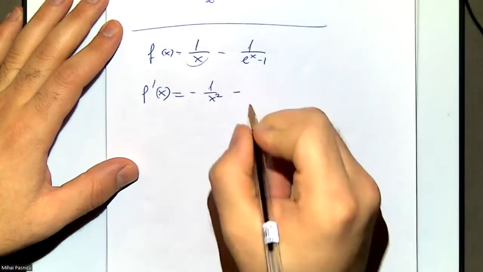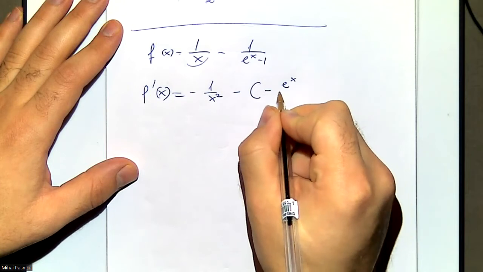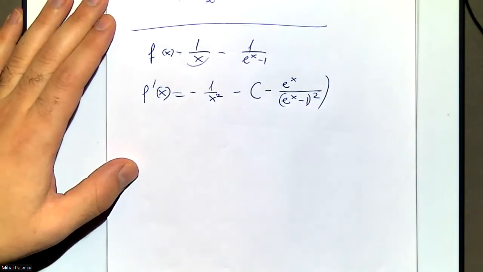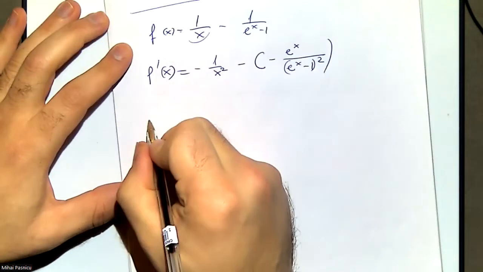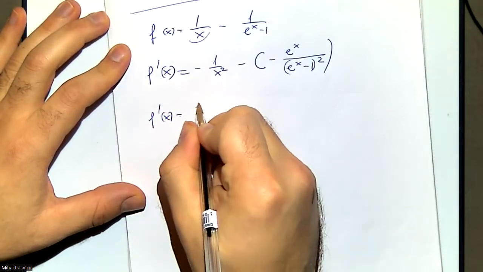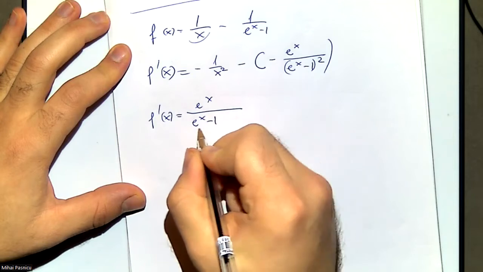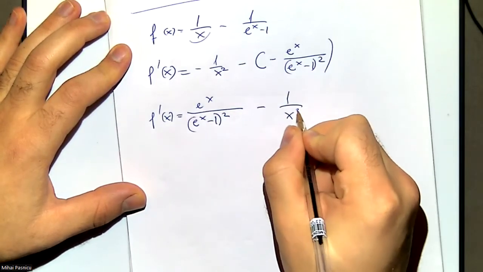And the derivative of that is minus e to the x over e to the x minus 1, squared. Okay, this looks worse than I thought. So f prime of x is equal to e to the x over (e to the x minus 1) squared, minus 1 over x squared.